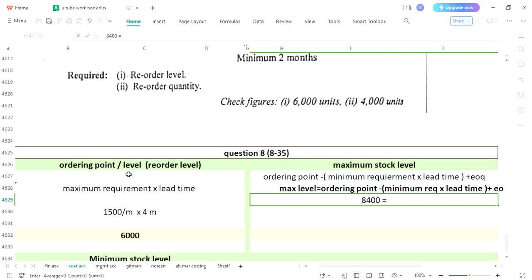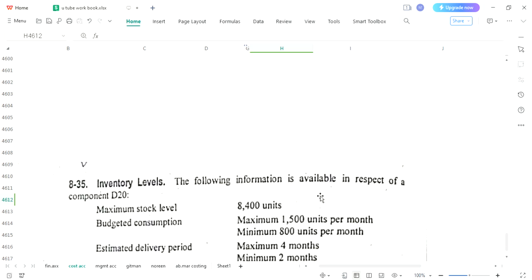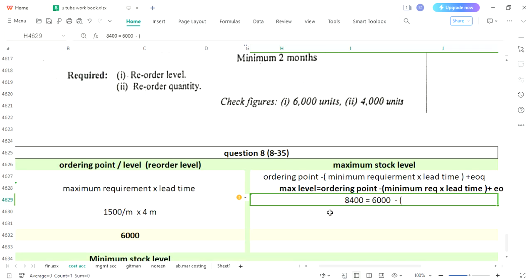Ordering level has already been calculated, amount of which is 6000 units. Then what is next in your formula? Minus, open your bracket, and then minimum requirement. For this, go back to the question, and you can see minimum requirement is 800. So you are going to put 800 over here.